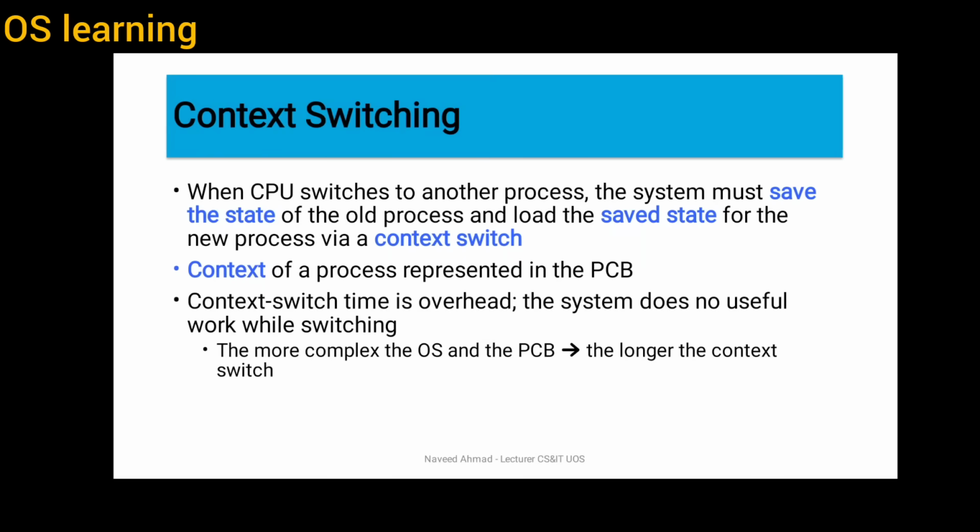So: save the state of the previous process, then load the saved state for the new process. That is the concept of context switching. Hope you understand it. Context is the process which is represented in the PCB, process control block.